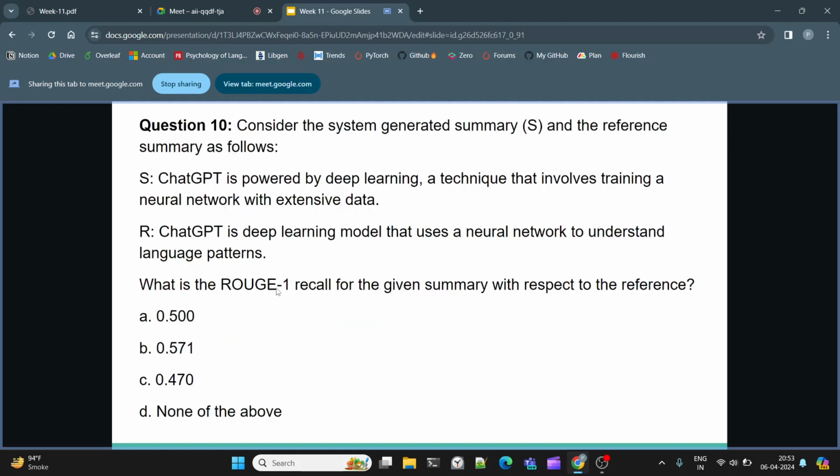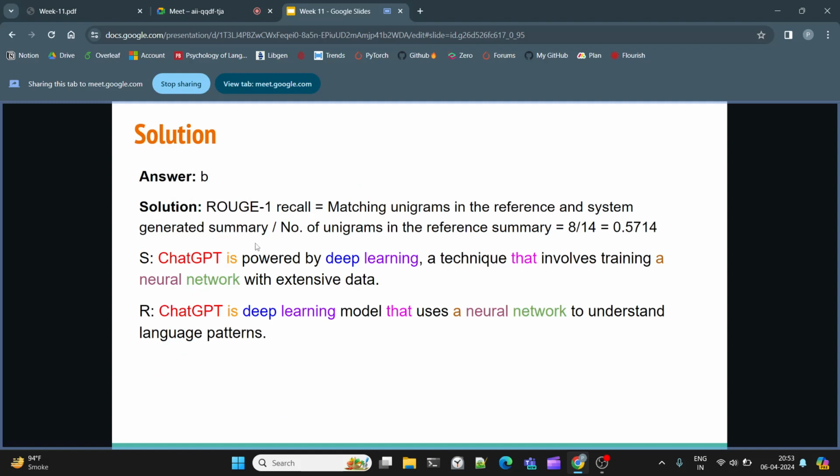This is ROUGE-1, so we'll be taking the unigrams. If it was ROUGE-2 we would be taking the bigrams. For one reference sentence, the formula is the number of matching unigrams between the reference and the system generated summary divided by the total number of unigrams in the reference summary. That would be 8 by 14.